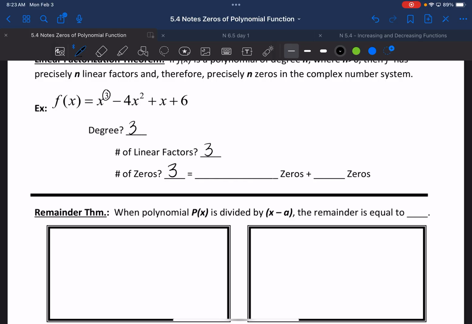We can't take the square root of a negative number because those are imaginary numbers, right? So we are going to have 3 zeros, but those 3 zeros could be imaginary, or they could be real. We won't know until we go and find them.